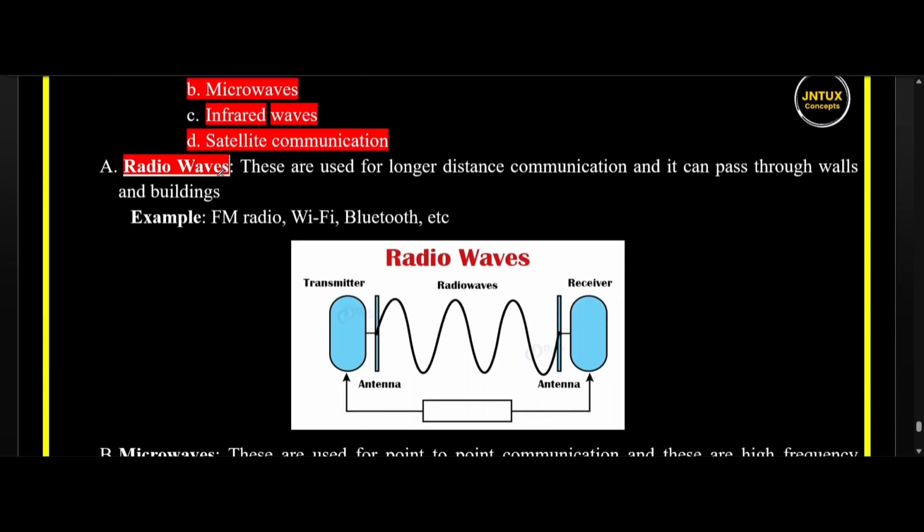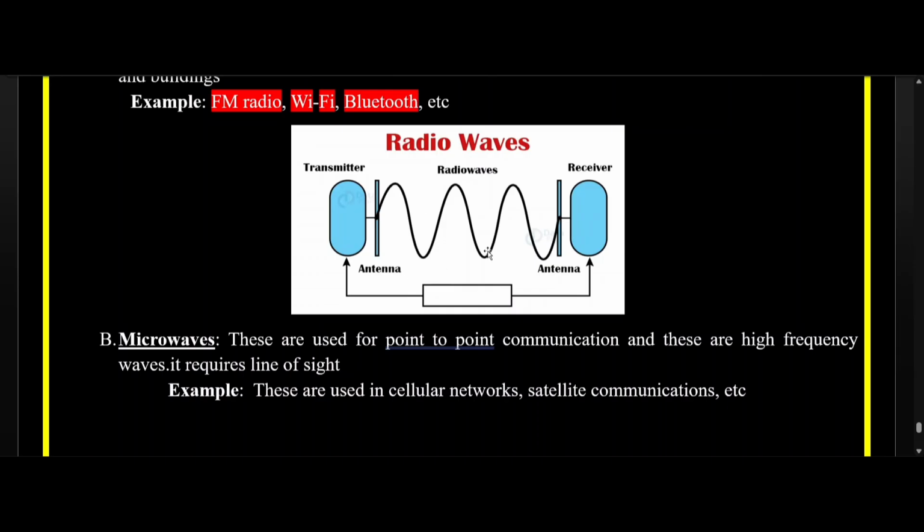The first one is radio waves. These are used for long distance communication and can pass through walls and buildings. A good example is FM radio, Wi-Fi and Bluetooth. This is the diagram of radio waves. You don't need to know all those particular parts of the diagram. You just need to remember it for the exam.